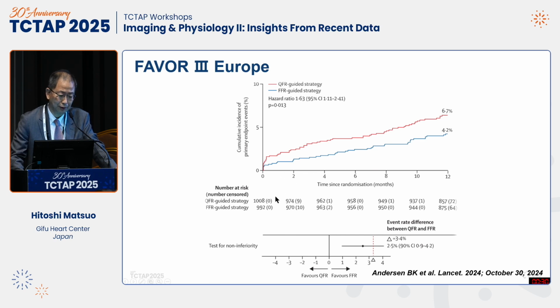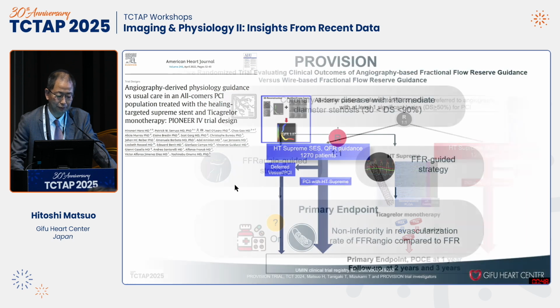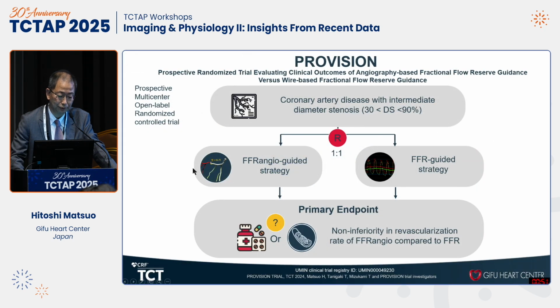So the results are still controversial. We need to see the future result of the prospective randomized trial comparing QFR guidance versus usual care, which is the Pioneer 4 trial. It will be coming soon.